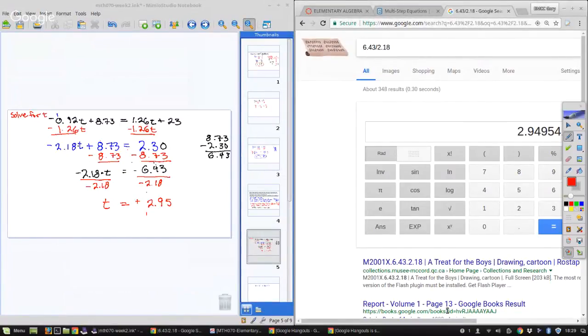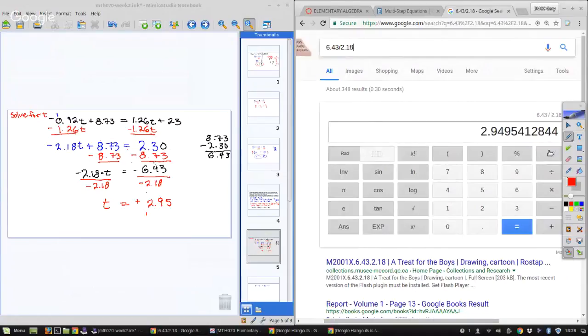In my Google calculator here, I'm going to plug back into the original left side: negative 0.92 times what I think t is, 2.95, and then add 8.73. What do I get? Google says I get about 6.016.